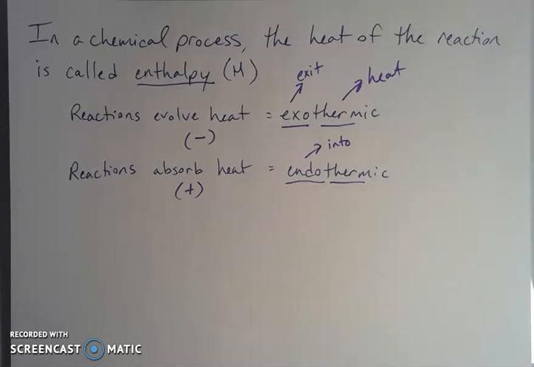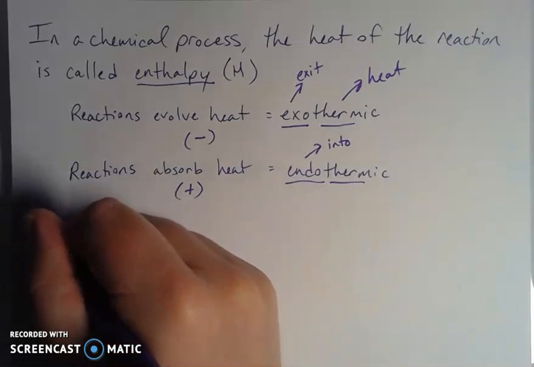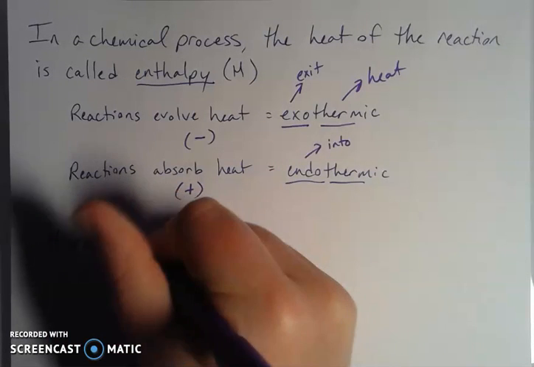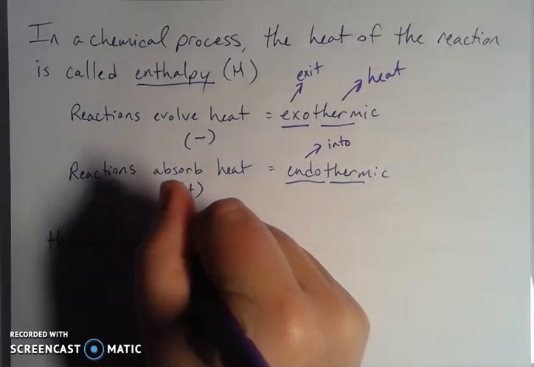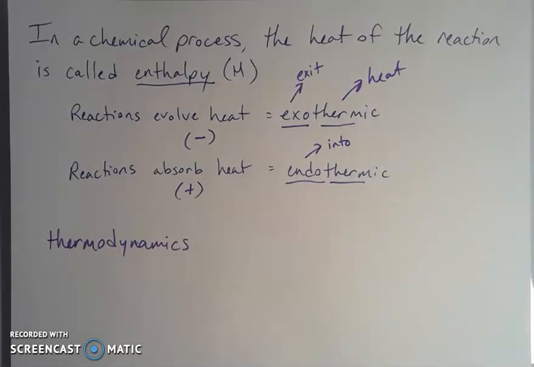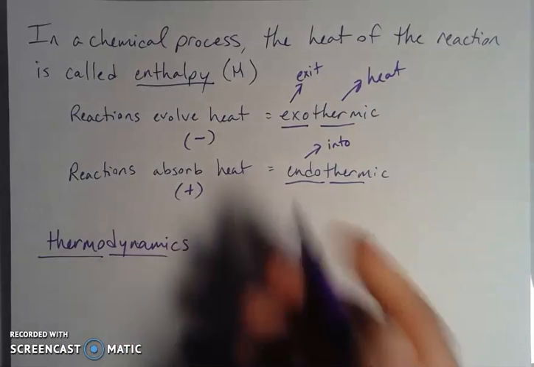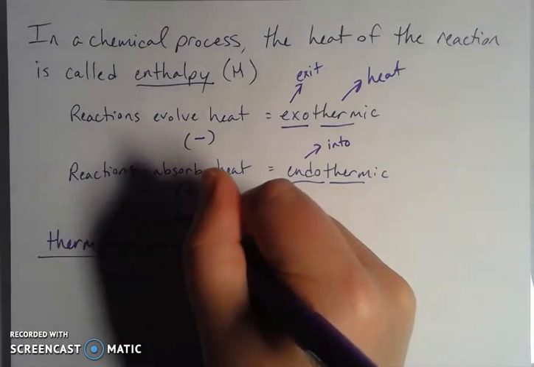Now I'm talking a lot in terms of change, and again, these signs are sort of tricky for students traditionally to get their head around, and this is all referring to thermodynamics, or thermochemistry. Dynamics. That's what I get for trying to write and talk at the same time. So thermo, of course, referring to heat. Dynamic refers to change.